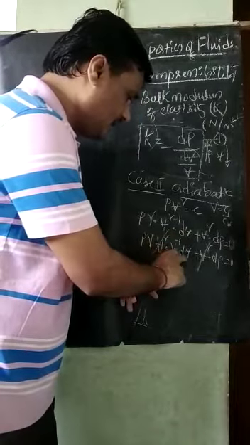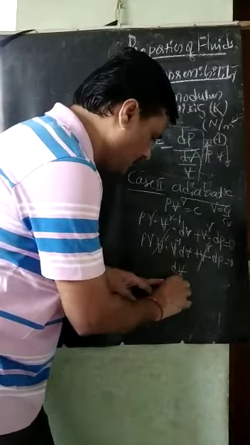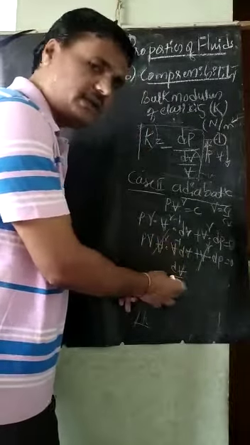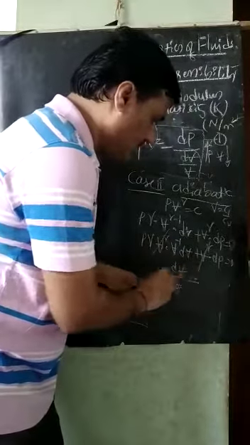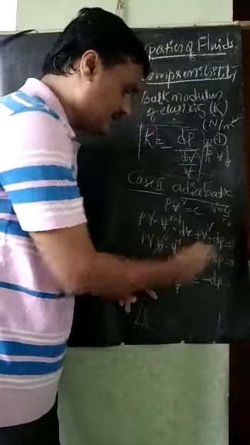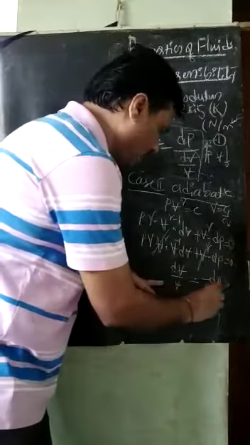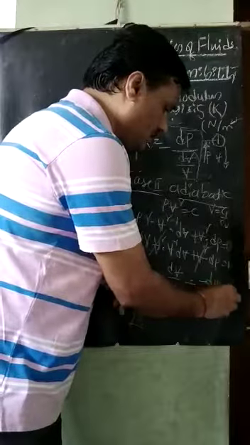Next this term I can write: dV divided by V, V raised to minus 1 if I take in the denominator, V divided by V, is equal to minus dP. This dP I will take that side, it will become minus, divided by P into gamma. Call this equation number 2.